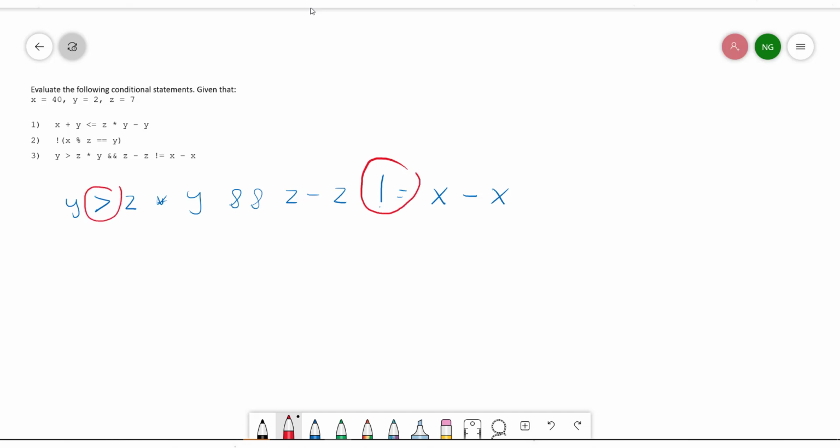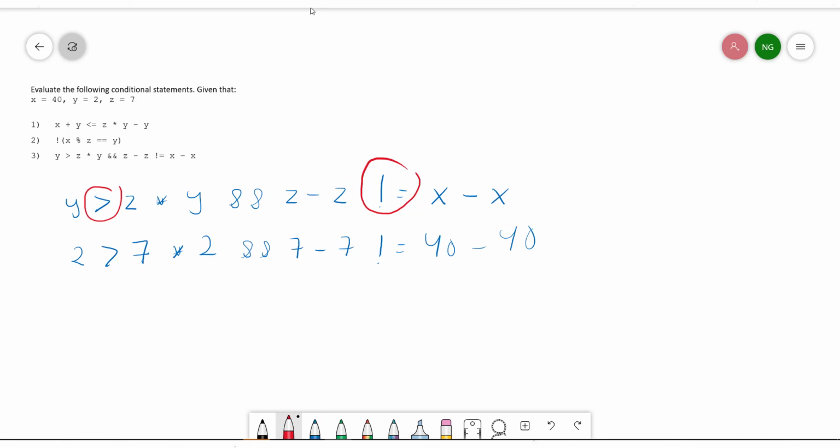So we'll do the other ones first. So the first one that we'll do is, let's put in the values first. So 2 more than z would be 7 times y would be 2, ampersand z is 7 minus 7 not equals to x minus x is 40 minus 40.